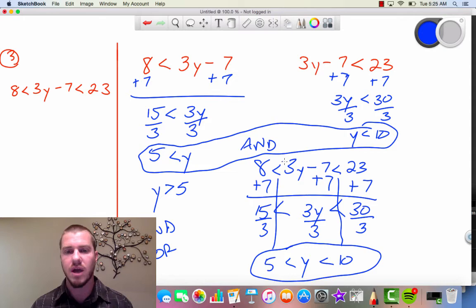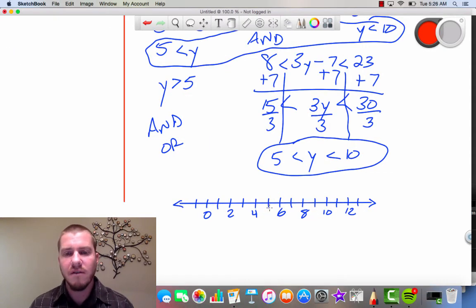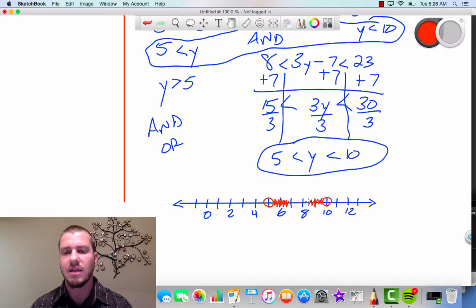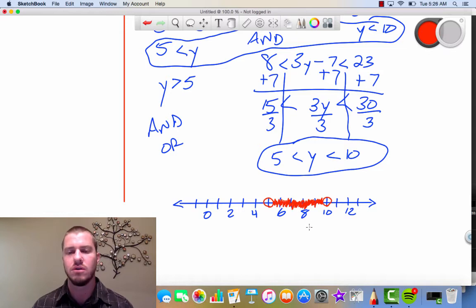Either one of those is okay. So when I go to graph it, I have a circle on 5, and that's going to be open because it's not equal to. I have a circle on 10. Y is greater than 5 and less than 10. The and problems should be shaded between the two circles.